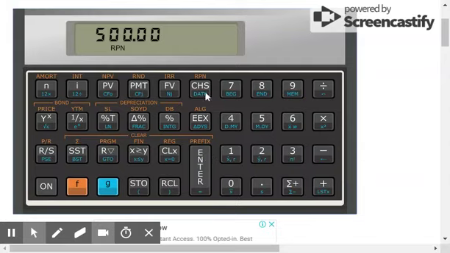And we're going to press CHS PMT. So just so that you know how I use this to remember certain information, this right here basically means that you're going to run it on a payment program. You're going to change it either for future value, payment, present value. In this situation, it is 500.